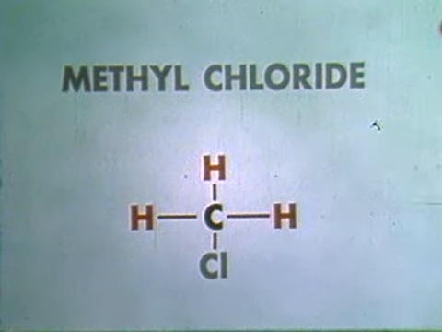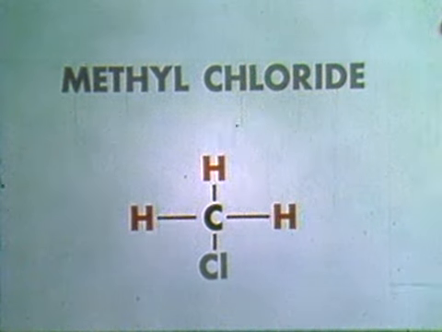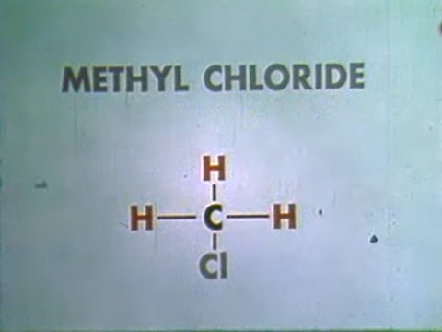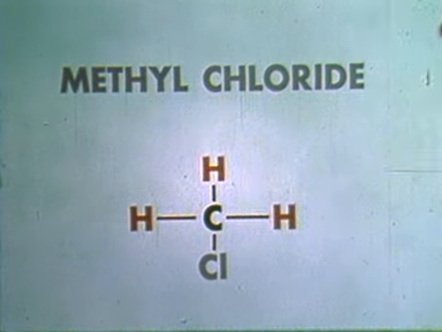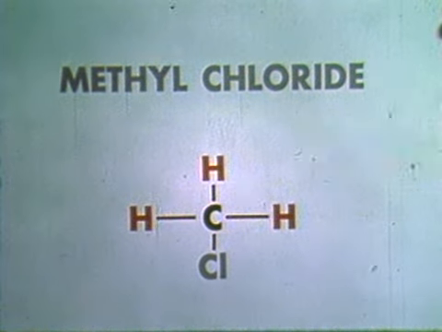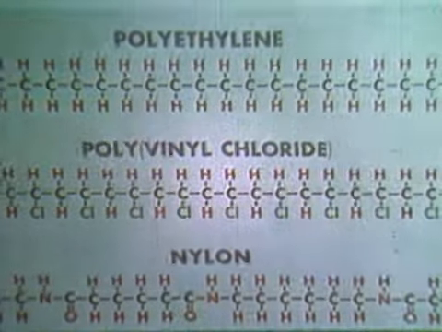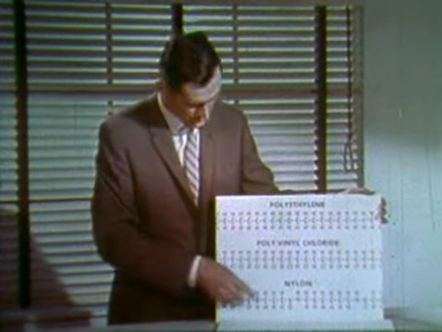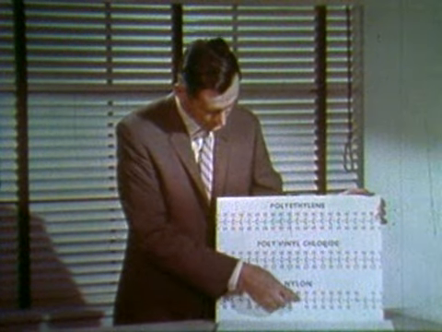The boiling point of methyl chloride is up around 0 degrees centigrade, 160 degrees centigrade above the boiling point of methane. Polymer molecules that contain chlorine, oxygen, or nitrogen are called polar molecules. They have higher cohesive energies than nonpolar molecules such as polyethylene.